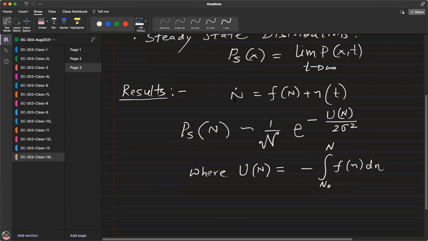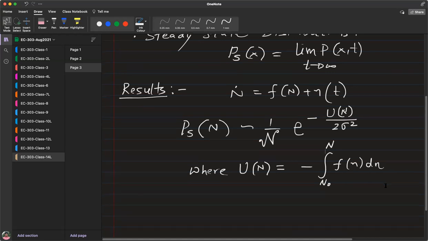Think about this. You have this Langevin equation. The steady state distribution has the form e power minus u of n by 2 sigma square, where sigma is the strength of this noise. What is u? U is the potential we learned in the previous class.